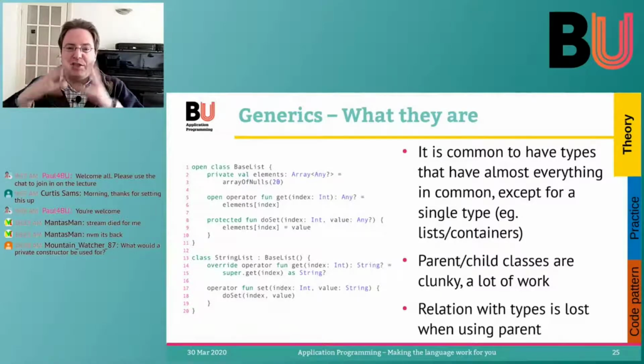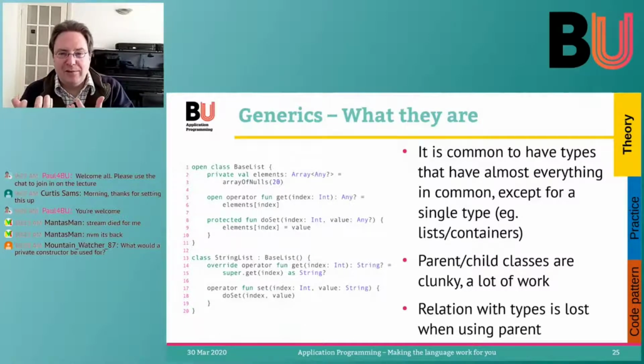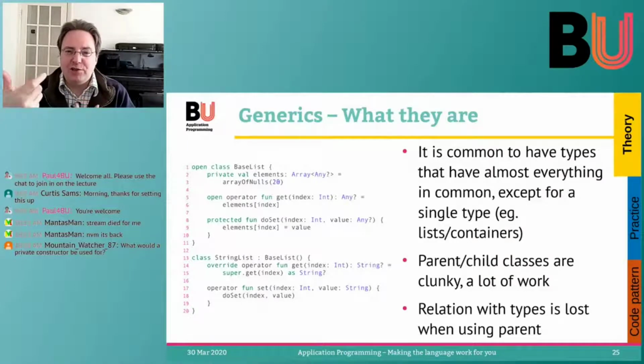What we can do is types as parameters, and what that does is create a family of types that are mostly the same, but they are not the same. So we have a list of integers and a list of strings.